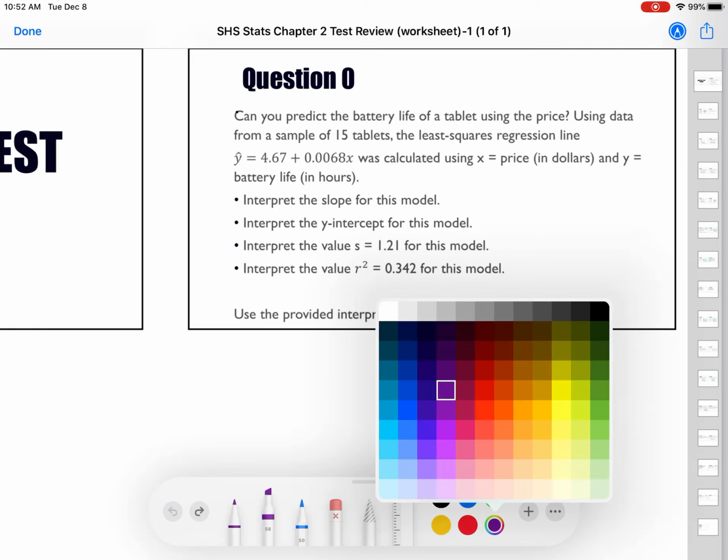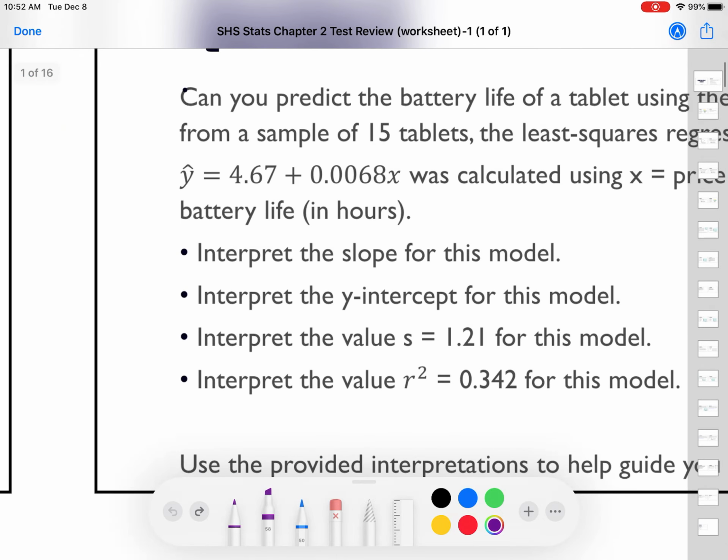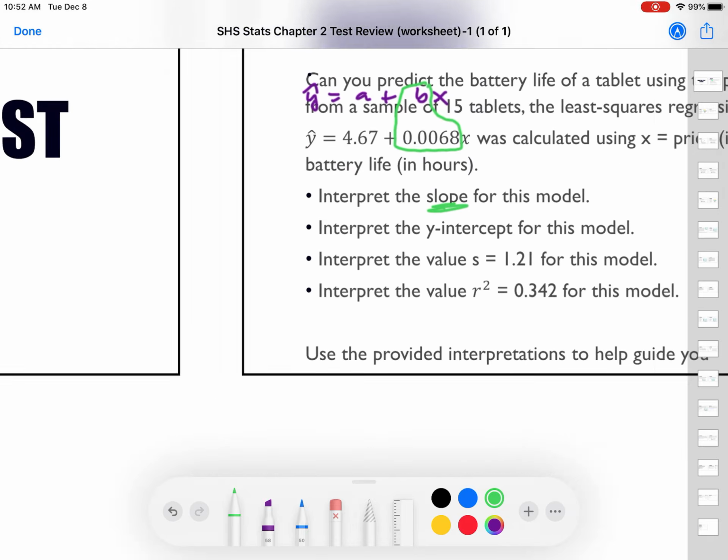All right, so slope, let me zoom in here. Don't use a highlighter. Y hat equals a plus bx. Now, it doesn't matter which letters you use, a and b, they're interchangeable. But in this problem, the one in front of x is your slope.